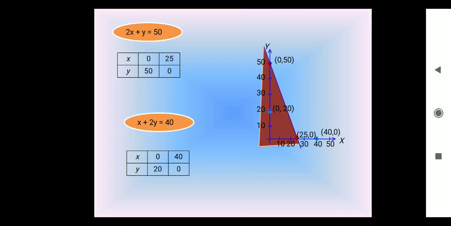The next point is 40, 0. Let us join these 2 points. Again you need to observe the second inequality, which is also a less than or equal to symbol. When we substitute x and y as 0, we get a true answer, hence shading towards the origin. Now let us find the common region or solution region of these two shaded parts. Here the yellow region shows the feasible region.